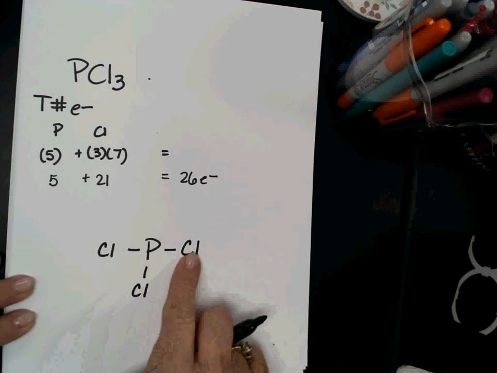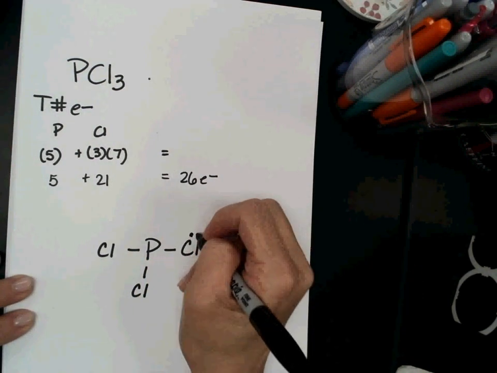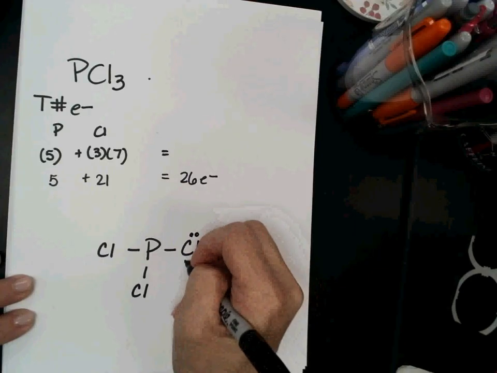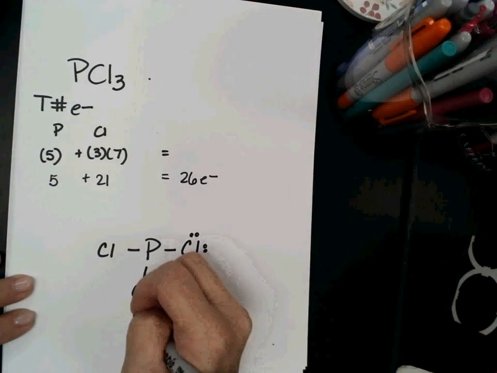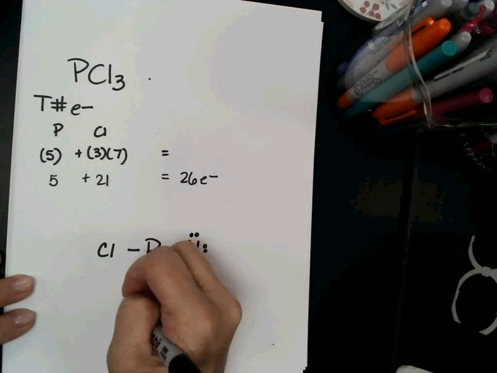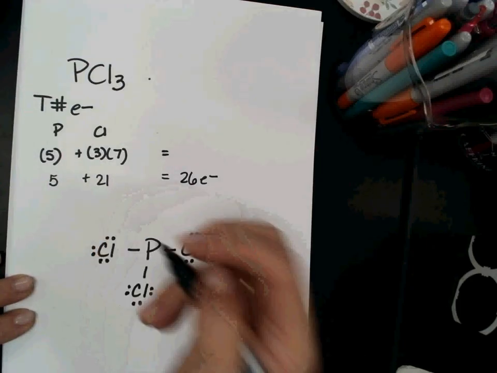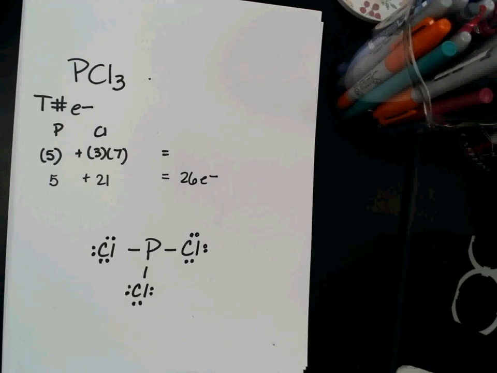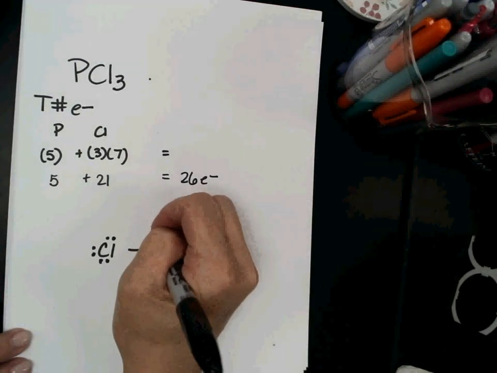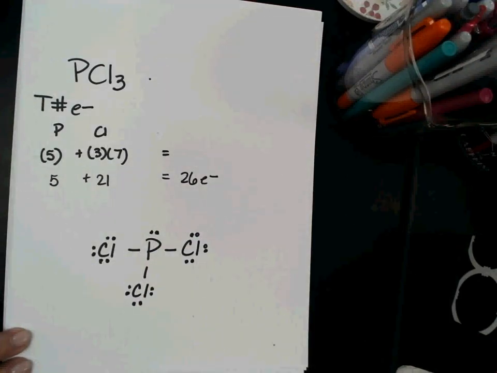Now I'm going to go through and fill my octet for each chlorine. So 8, 10, 12, 14, 16, 18, 20, 22, 24. I've used 24 of my 26 electrons. Do all atoms have an octet? What's wrong with it, Haley? My phosphorus needs its last 2 electrons, and guess what?